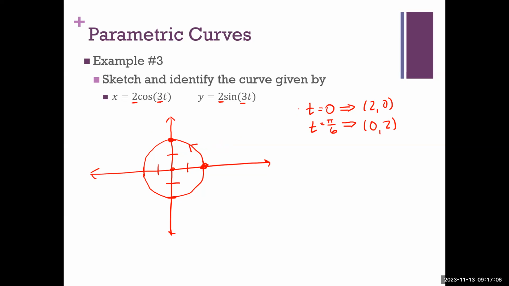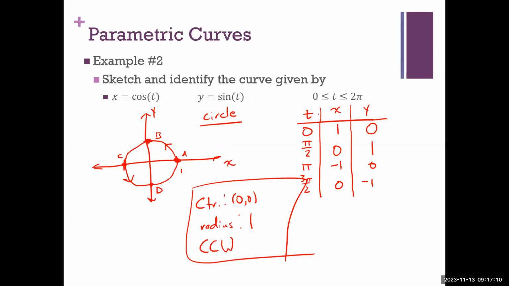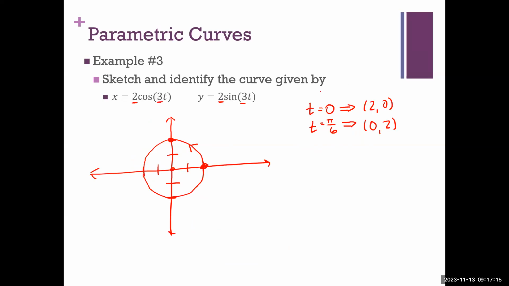But one thing we didn't do is this. I gave an interval 0 to 2 pi for this circle, right? So let's try to make an interval here. I want to make this interval as small as possible. What I mean by that is I want to draw the whole circle, but I don't want to redraw any of it.